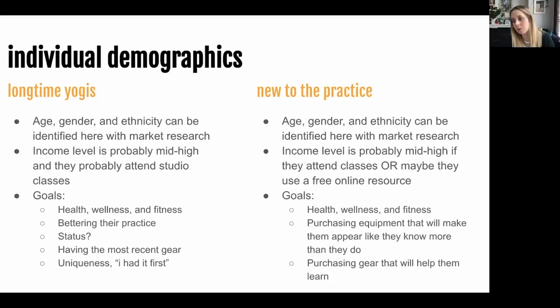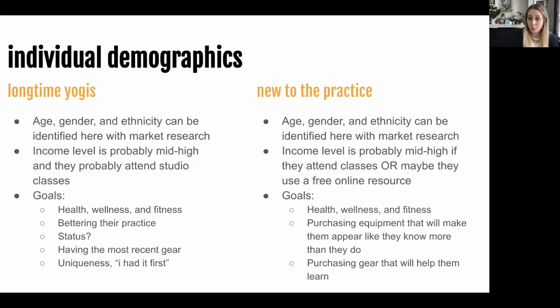Are they showing up wearing Lululemon, or are they wearing different yoga brands? Being able to see the customer in the exact situation that you would expect them to be in is crucial for your primary research, and to confidently say that the folks you are appealing to in the longtime yogi customer segment are in a mid to high income range.